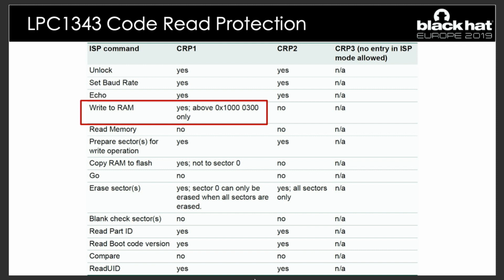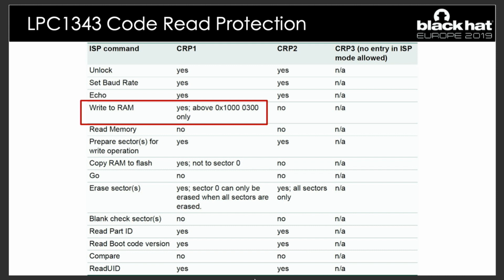The interesting thing is, unlike the STM32, the LPC1343 still allows the write to RAM command, even when CRP level 1 protection is enabled, but with some restrictions. It's not allowed to write to addresses less than 300 inside the RAM. Why? Because as we saw in the previous slide, the code protection value gets loaded at address 184 inside the RAM.